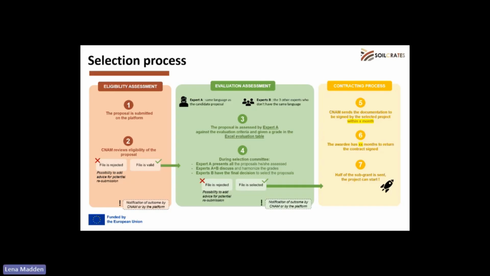So when the proposal is evaluated, expert A will be able to harmonize the grades, and the proposal will be passed to the selection committee made of 8 experts who will rank them and decide which projects are going through and which are not. And then afterwards, the participants are going to be informed.